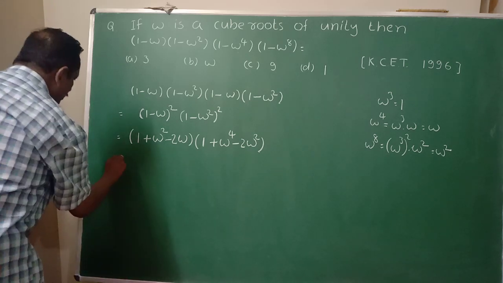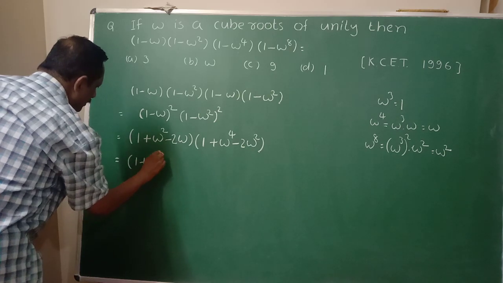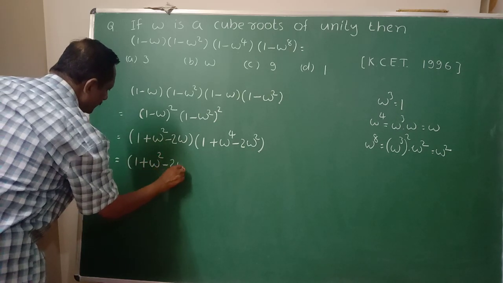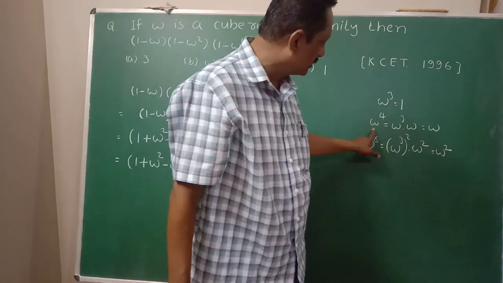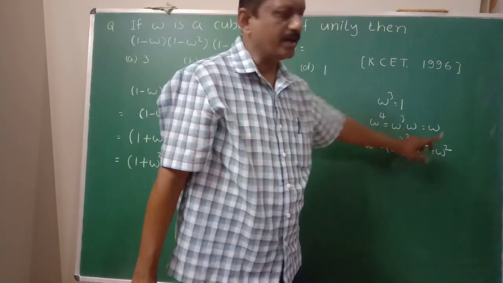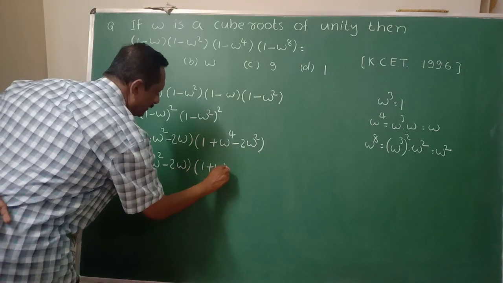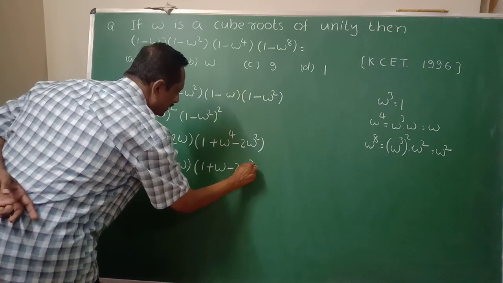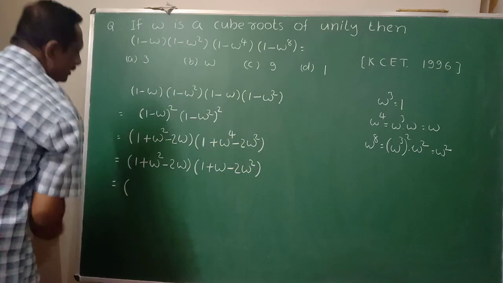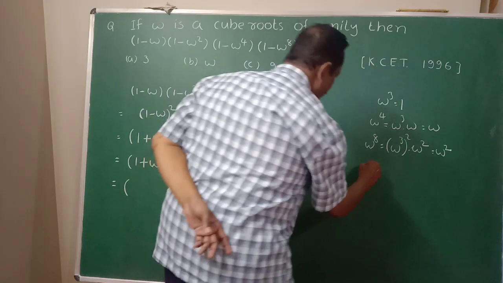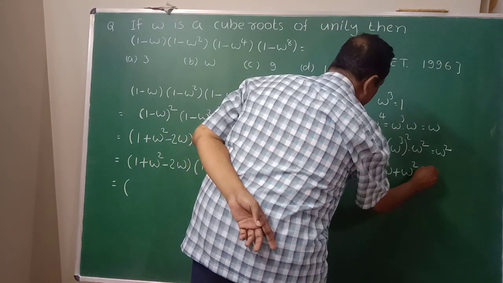And this is equal to 1 plus omega square minus 2 omega, and omega raised to 4 is again omega here. So this is 1 plus omega minus 2 omega square. Then you know the formula, 1 plus omega plus omega square is 0.